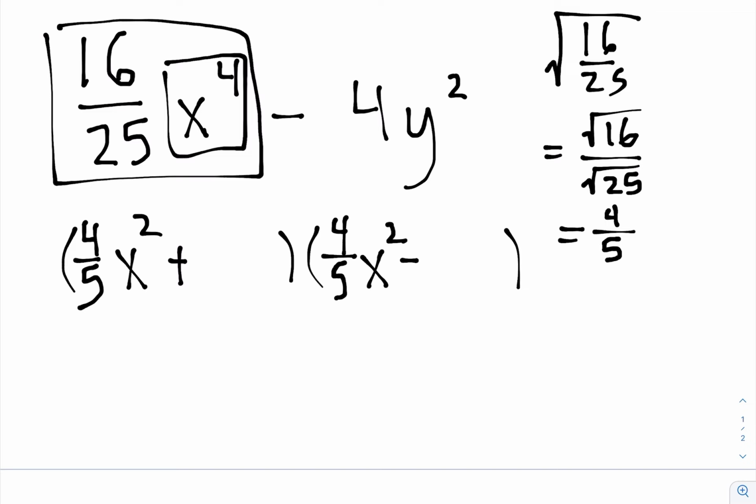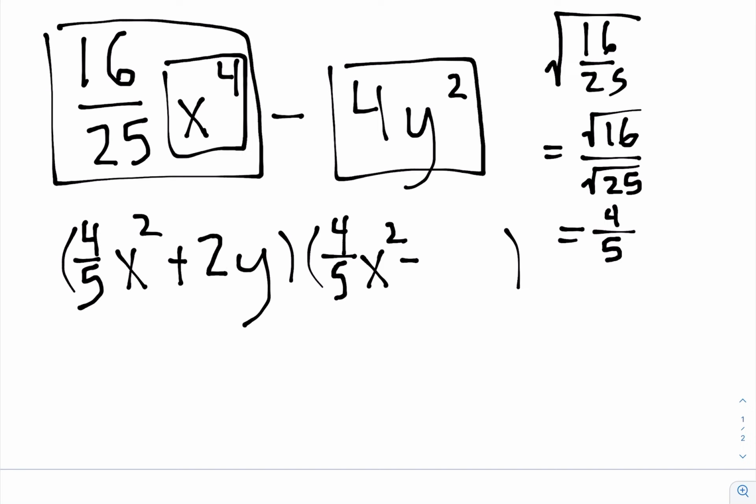It's going to lead our set of terms. And then remember, we add the square root of the second number in the first bracket, and we subtract the square root of the second number in the second bracket. So the square root of 4y squared is going to be 2y, because the square root of 4 is 2, and the square root of y squared is y. We're going to subtract 2y.